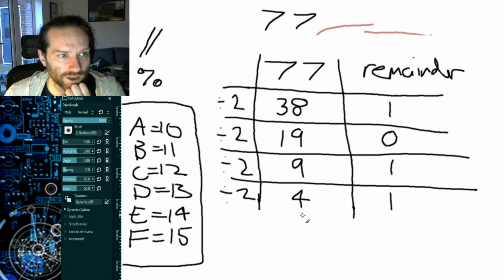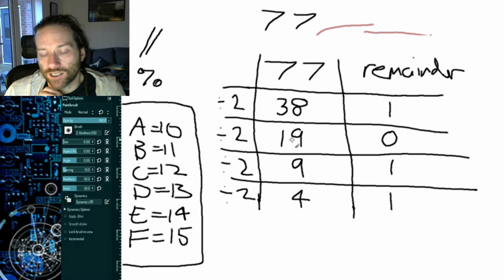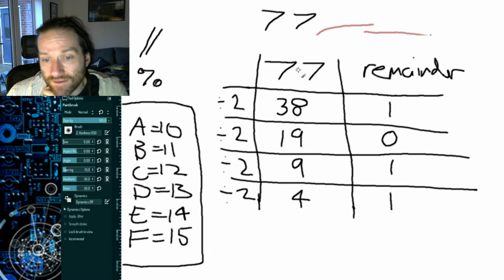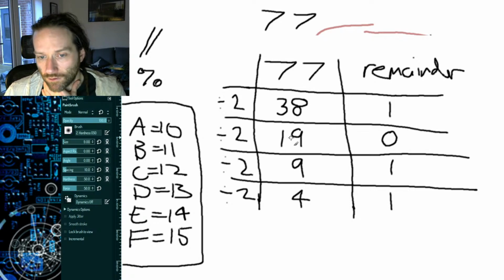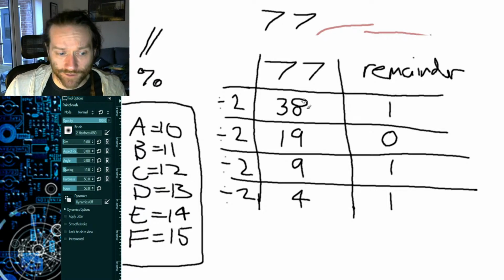With me so far? So what we've done here: 77 divided by 2 is 38. 38 divided by 2 is the same as 77 divided by 4. 19 divided by 2 is the same as 38 divided by 4, which is the same as 77 divided by 8. This kind of ties in with that stuff that we did with binary shifts.